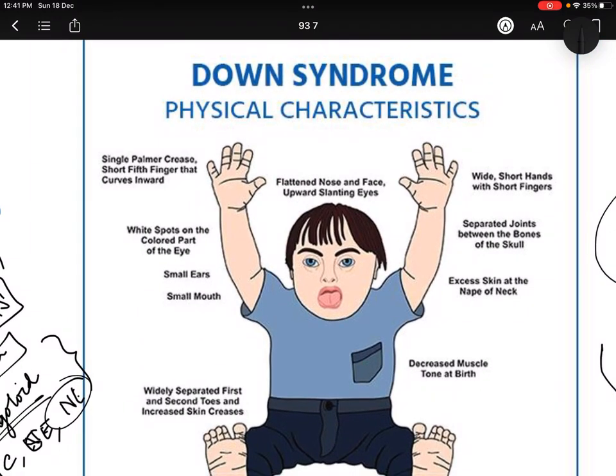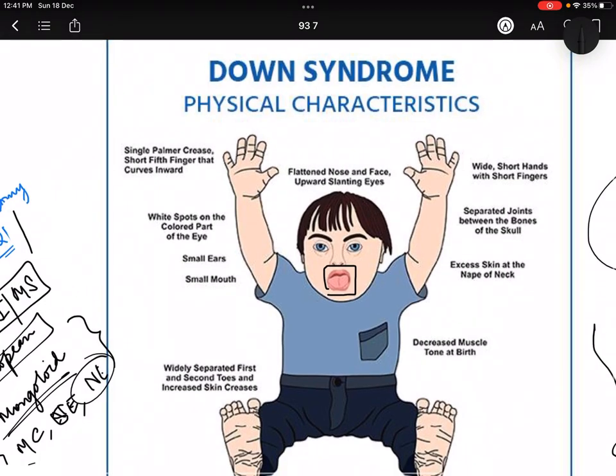As you can see, the mouth is always open, they are not able to keep their mouth shut, so the mouth and the tongue always come out. There is intellectual disability. The IQ ranges somewhere between 25 to 50, which is very low. They have hearing loss.